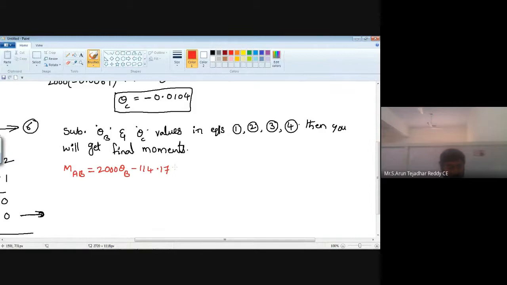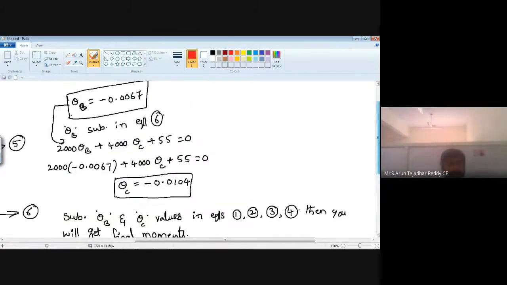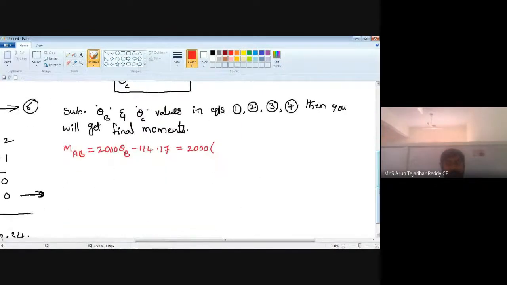Minus 114.17. Okay. Now 2000, what is the value of theta B? Theta B is minus 0.0067, minus 114.17. So from this one, I'll get my MAB value.